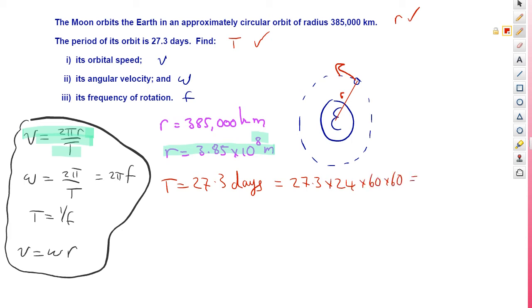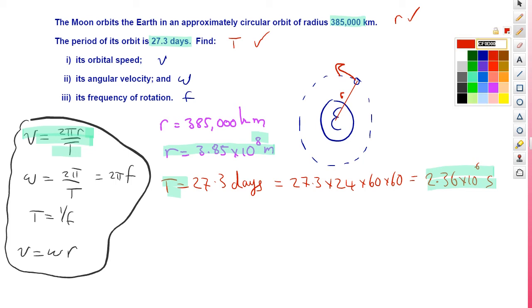And if we punch that in the calculator, we get 2.36 times 10 to the 6 seconds. And notice I'm writing these values in 3 significant figures, because in the question, that's what they've given me. Great, so we've got R and T in nice units, metres and seconds. That's what we need. So we can now proceed.